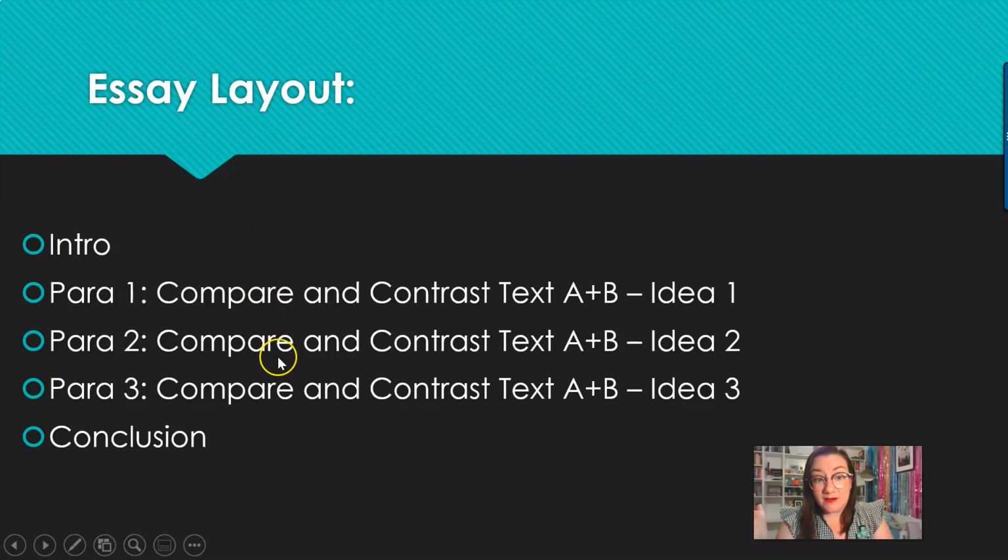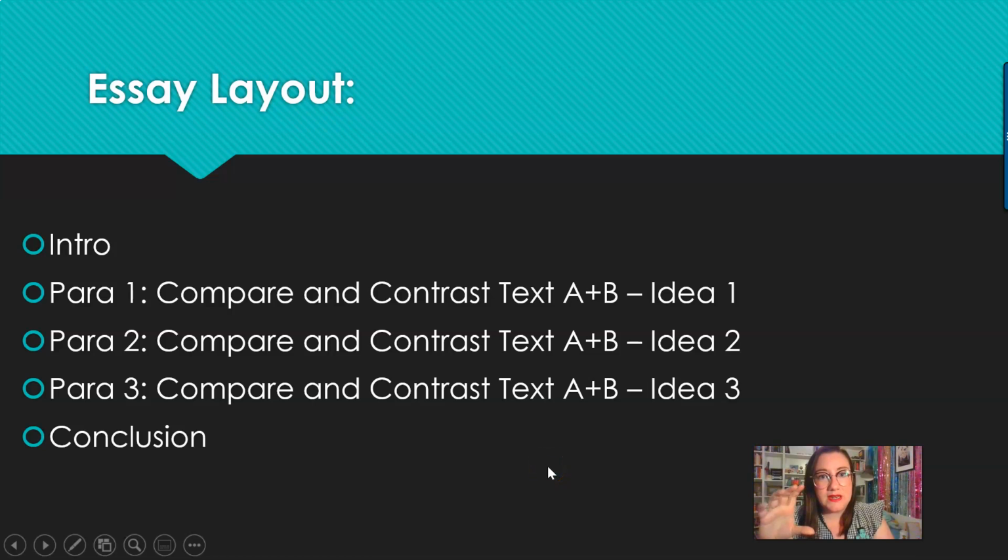Then in your second paragraph, you're going to look at text A and B in regards to your second idea. And then in para 3, you're going to compare text A and B with your third idea. And then the conclusion. I just wanted to give you that overview of what it would look like.